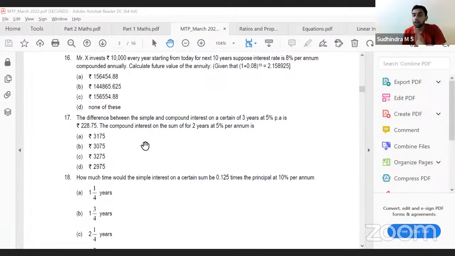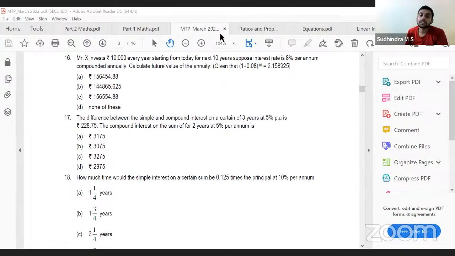Using that hint, calculate the compound interest for 2 years at 5%. The answer is 3,075. Yes, correct.